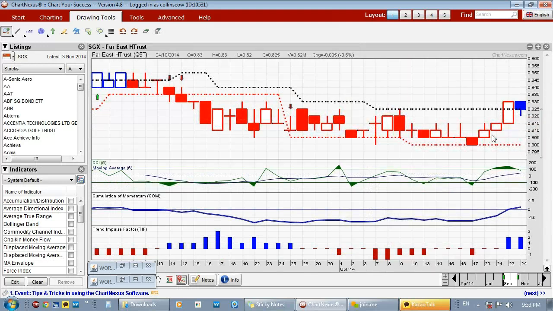One whole month within a 1.5 cent price range, so it tends not to work so well. A better stock will be one that is more trending, without so many overlapping candles. So this is for Far East Trust.